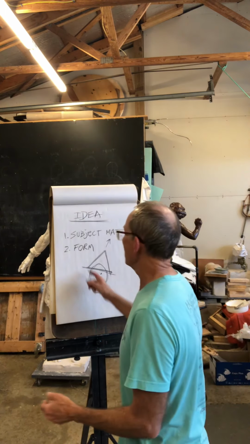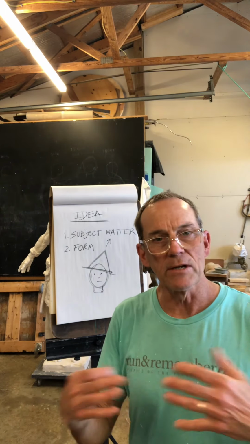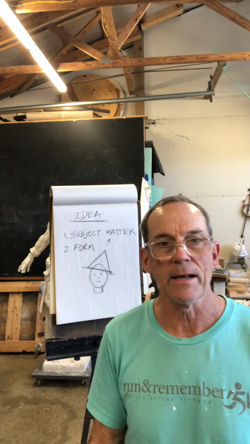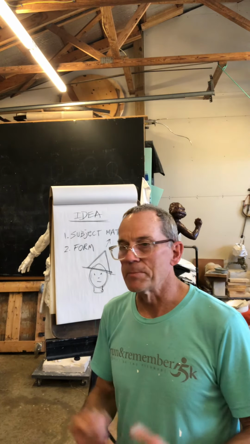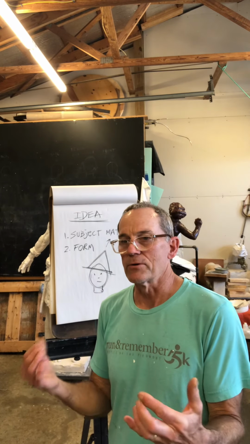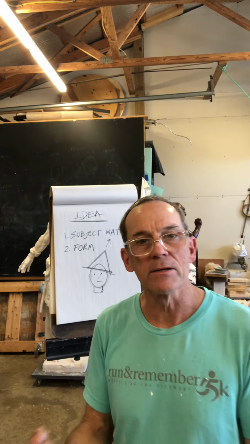Okay, and the intent of both the subject matter, which has its own implications. I mean, a head is a head, and it has a certain kind of attraction, and if it's a particular person, we're going to assign a certain kind of visual weight to it just because it's that thing. That is important.